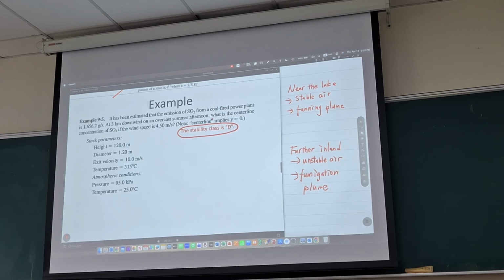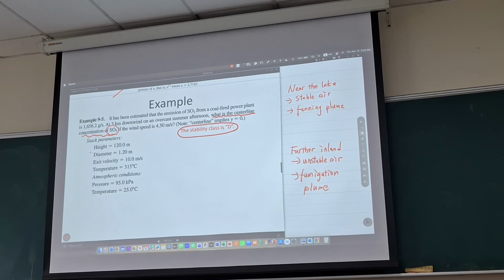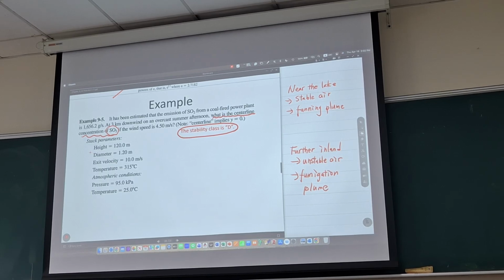So what is the centerline concentration of carbon dioxide? The wind speed is 4.5 meters per second, and the center line implies y equals 0.